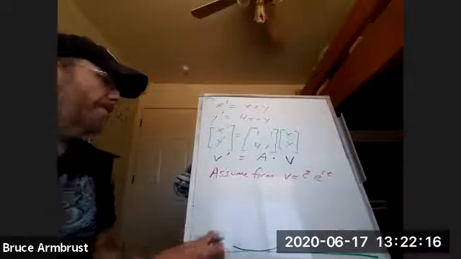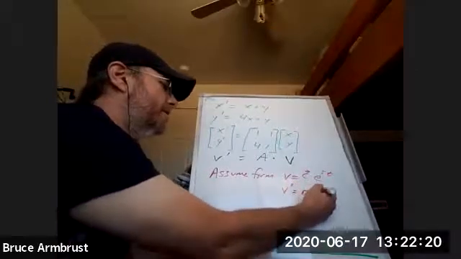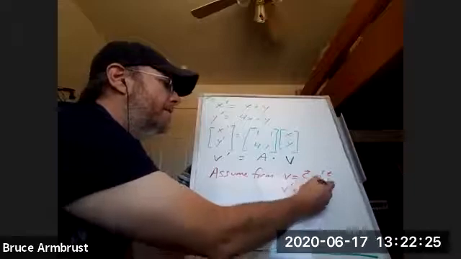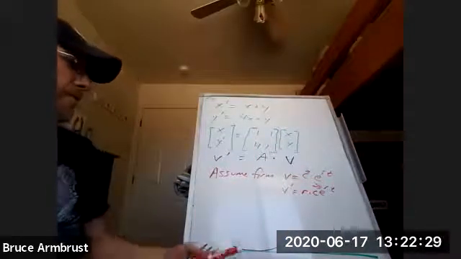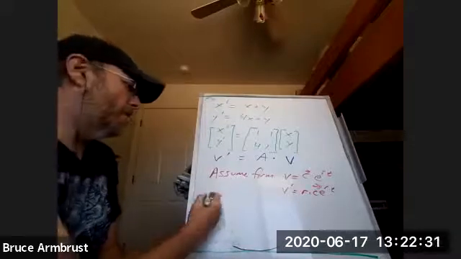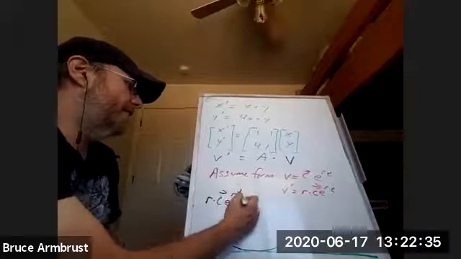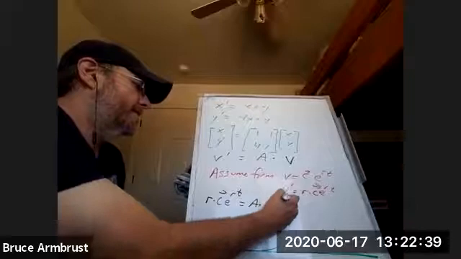All right, well, V prime then, this is going to be R times that C e to the RT. And let's put those back into this equation. So we're going to have R times C e to the RT is equal to A times C e to the RT.